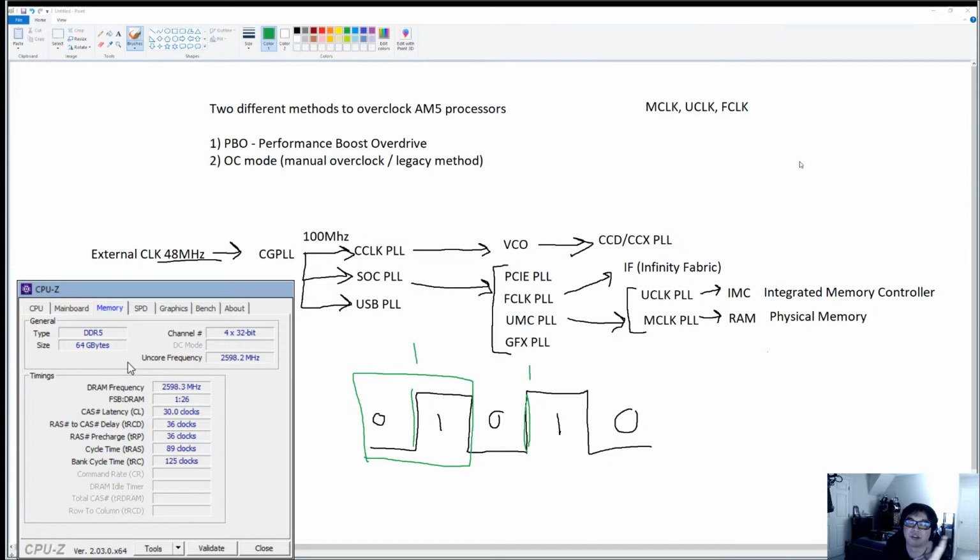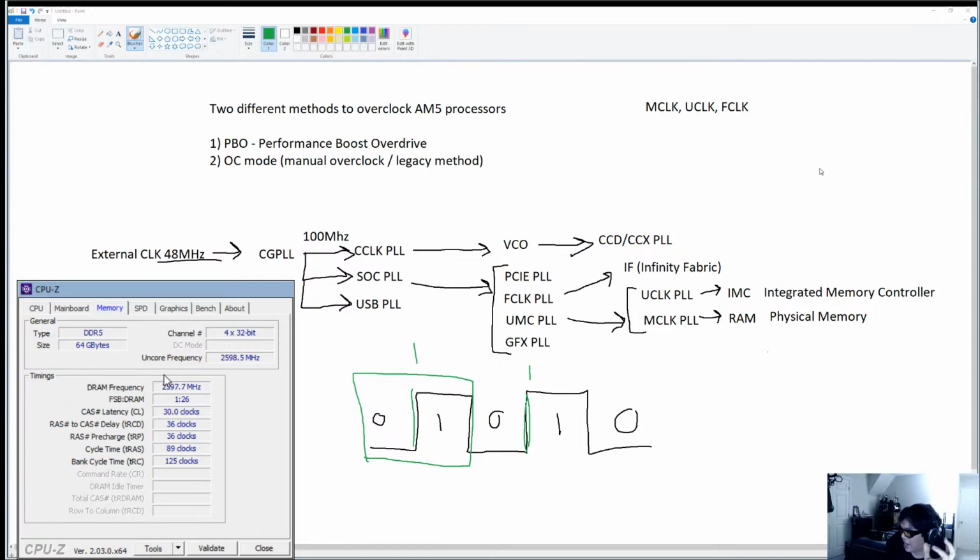Now remember, it's double data rate. So the reason why people are probably looking at this and wondering, well, why is this only 2600? Well, you multiply it by two to get the actual number, right? So that would equate to 5200 megahertz. So I'm running RAM right now at 5200 megahertz.